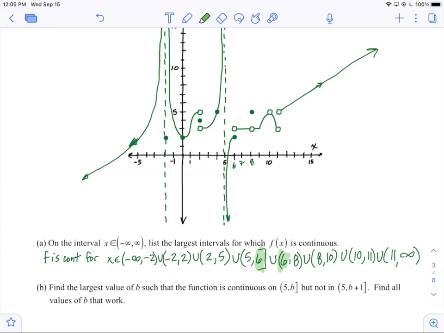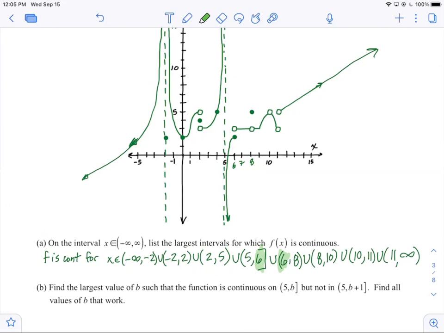So x equals 6 is the only jump location there where it was included on one part, but not the other. So understanding how to do that will help you with these types of questions.